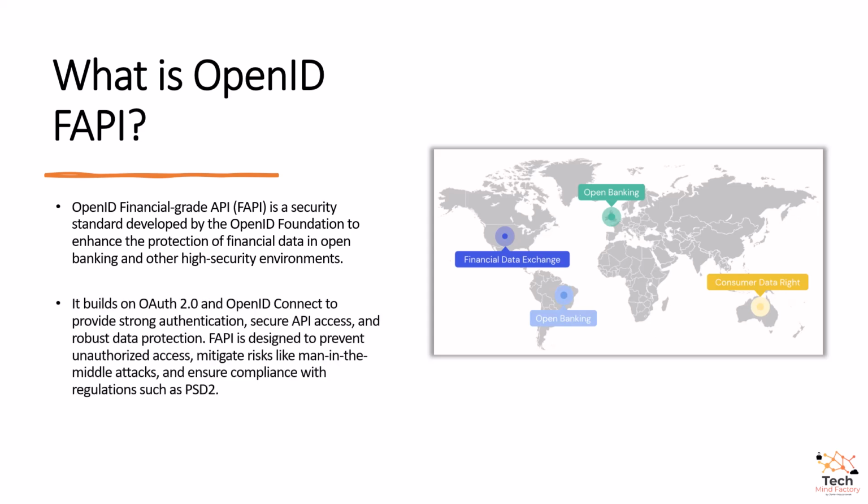It builds on OAuth2 and OpenID Connect to provide strong authentication, secure API access, and robust data protection. FAPI is designed to prevent unauthorized access, mitigate risks like man-in-the-middle attacks, and ensure compliance with regulations such as PSD2. One more important detail is that Auth0 is a certified OpenID financial grade API provider.